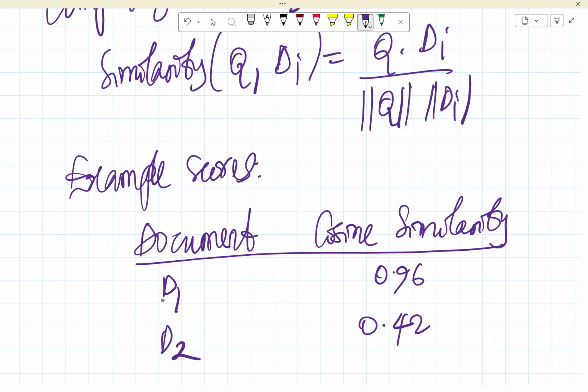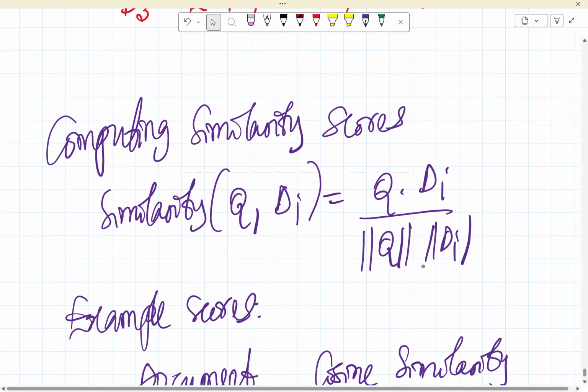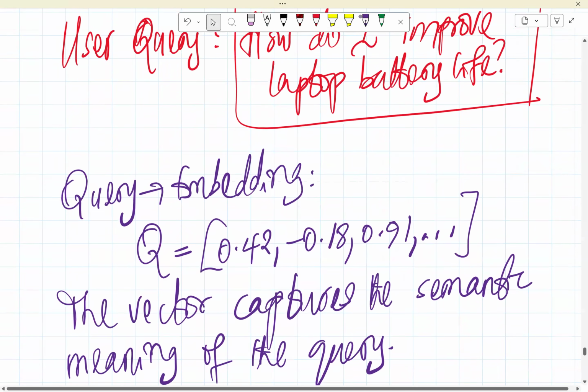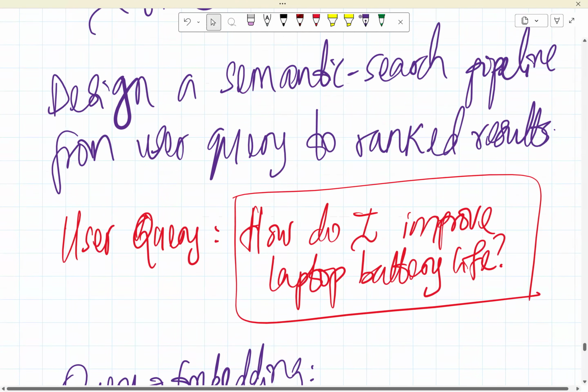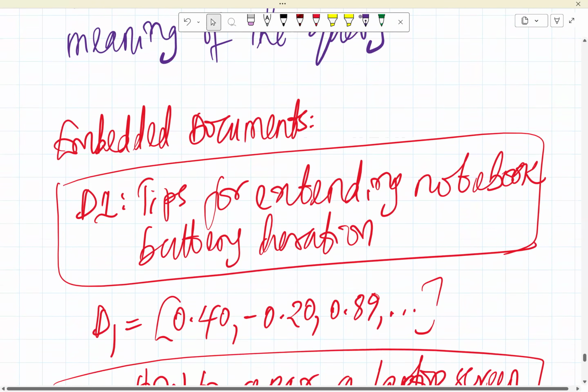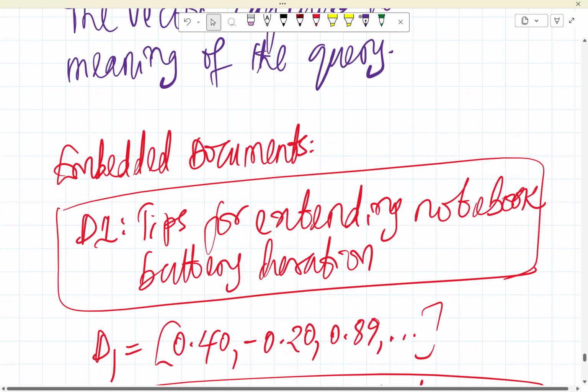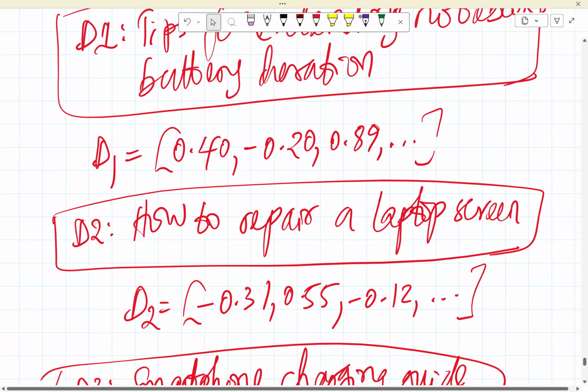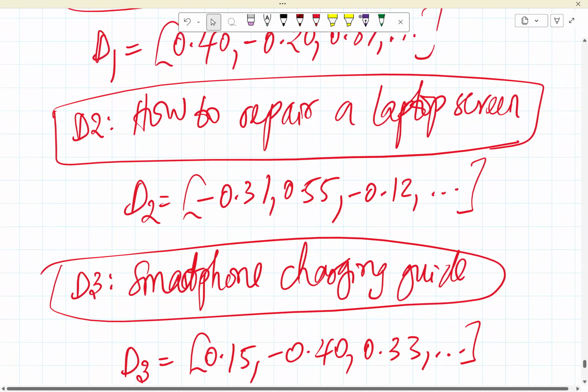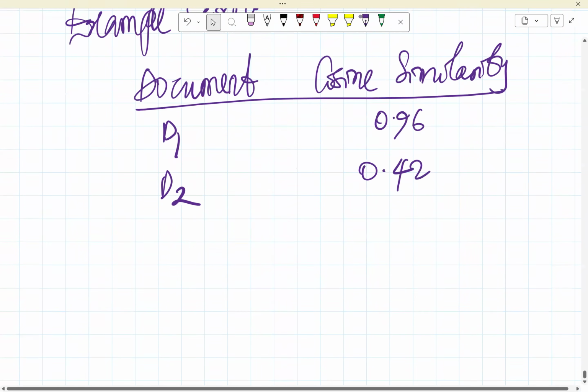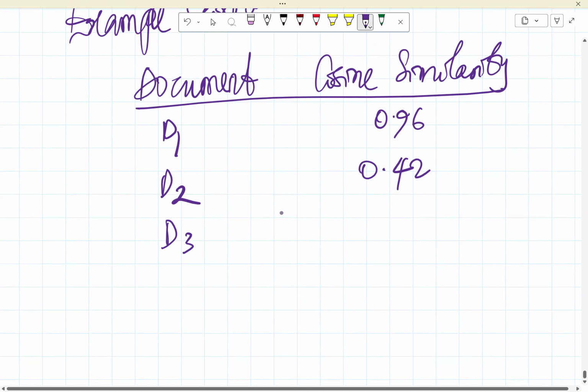That is the similarity between the query and D1. So don't forget the query itself is how do I improve laptop battery life? And here, tips for extending notebook battery duration, how to repair laptop screen, smartphone charging guide. The closest is 0.96, and D3 is 0.58.